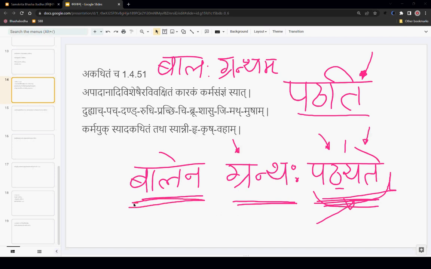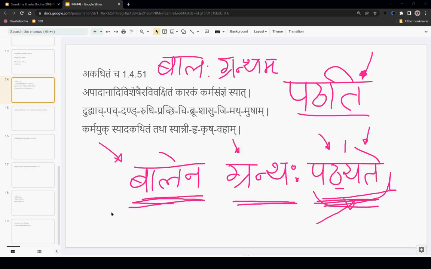And this one, balena, is not indicated now. Kartrutva is not indicated by pathyate, because pathyate refers to karma, since it is karmani prayoga. That's why, with kartrukaraniya tritiya, if it is karta, we bring the tritiya vibhakti here.